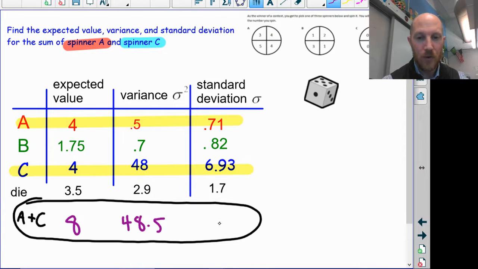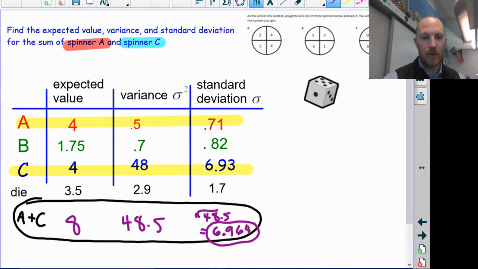And for standard deviation, the only option I ever have is to take the square root of the variance. So I'm going to have to do the square root of that 48.5, which equals just about 7. Let me calculate 48.5 square root, 6.9, depending on how many decimal places we want. Just a hair less than 7.